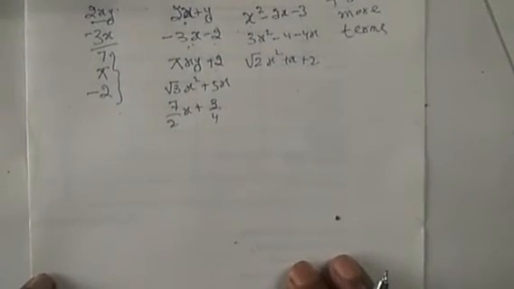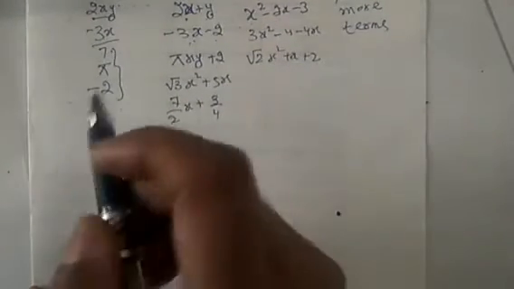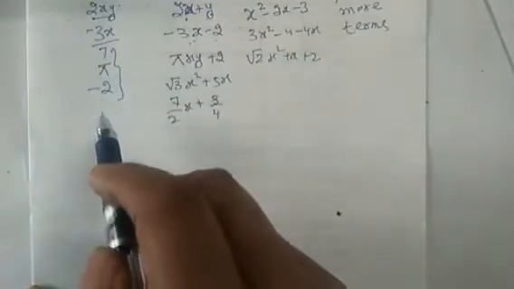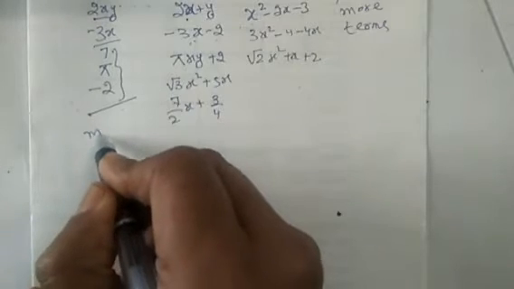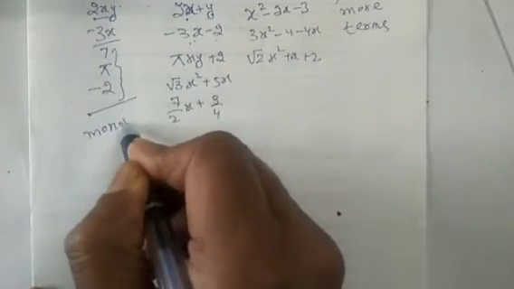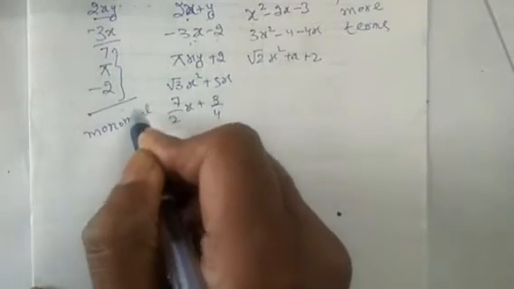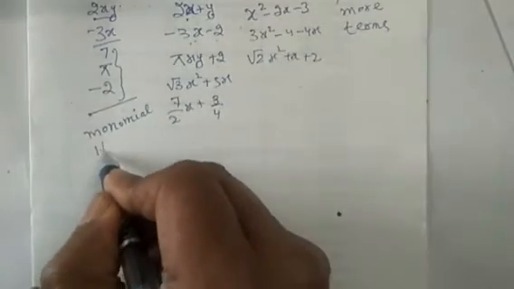So now what we do, we give them some name. Any expression that is having only one term, we say monomial. Having one term.